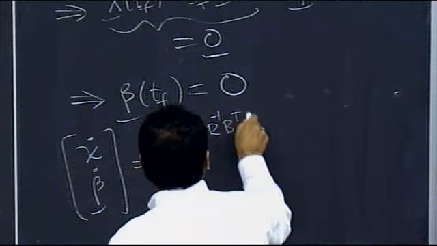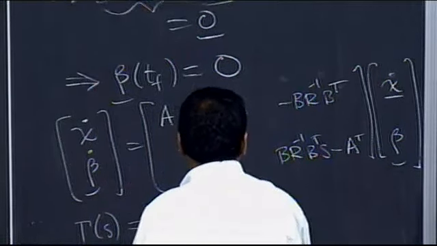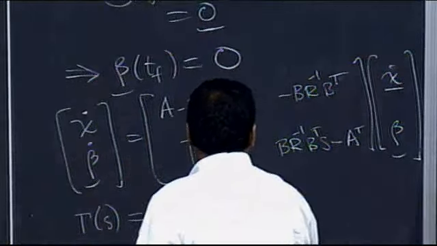Here we had this function gamma of S, and then we had minus B R inverse B transpose, and here we had B R inverse B transpose S minus A transpose. And this whole thing was multiplied by X and beta. So we had said that gamma of S is equal to minus S dot minus SA minus A transpose S plus SB R inverse B transpose S minus Q.